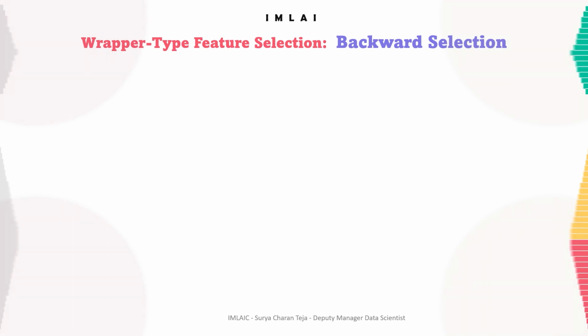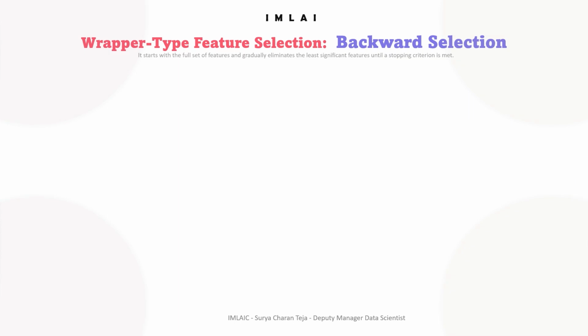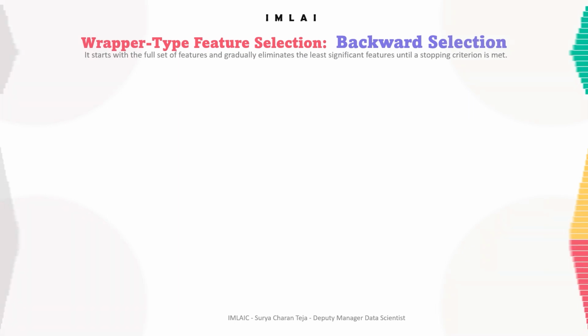It starts with the full set of features and gradually eliminates the least significant features until a stopping criterion is met. So let's look into the definition and explanation of backward selection first.